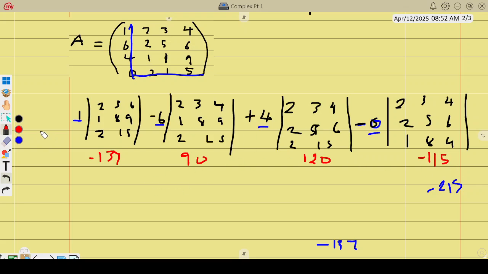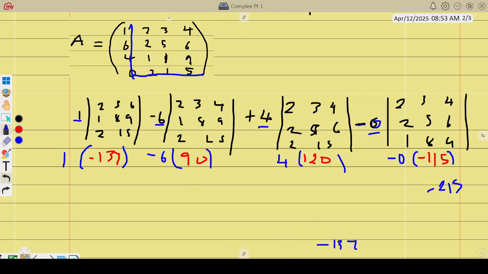So after finding these determinants, that's when you multiply them by the numbers here from what we chose. We had the 1. Here at the end you multiply by negative 6. Here you multiply by a 4. Here you multiply by negative 0, so you just get a 0. That's how you go about it.